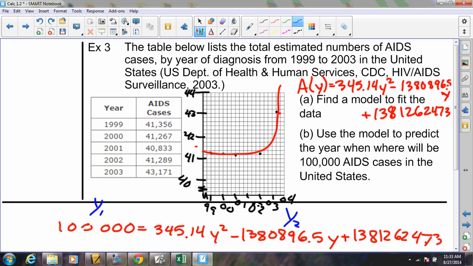Okay, I'm going to change the window to be a whole lot bigger. My window I'm going to set from 1950 to the year 2200 for my x minimum and my x maximum. I'm using 1950 and 2200.